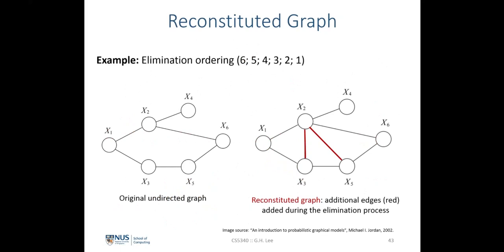Now, if we were to collect all the original edges in the Markov random field as well as the new edges that arose from the elimination steps of the random variables, as a result, we will get this graph over here where we see that these two edges over here were introduced during the variable elimination step, in particular x6 and x5. And this whole graph here is what we call the reconstituted graph.